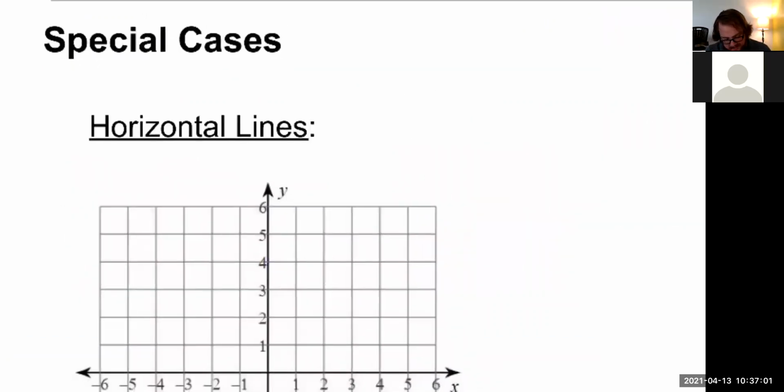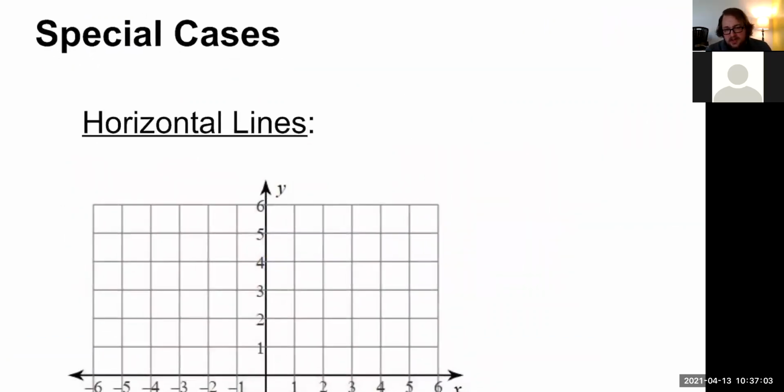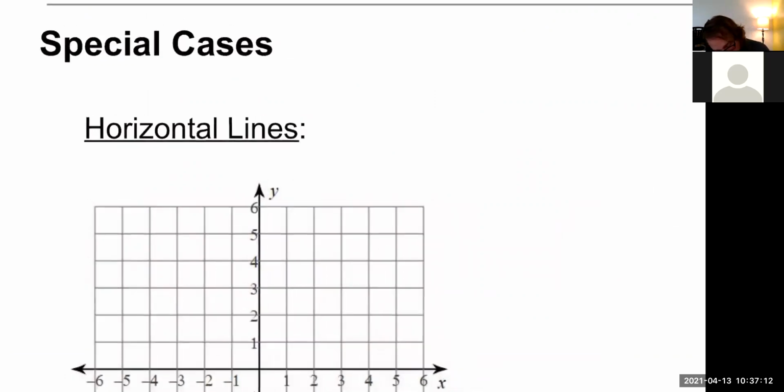So horizontal lines. When you're looking at their equation, they are very, very unique in the sense that they won't have both an x and a y. In fact, they will only have a y, and that y will be set equal to some number. Any number, in fact.